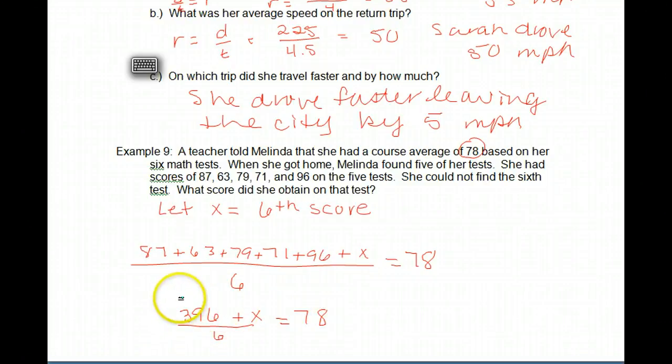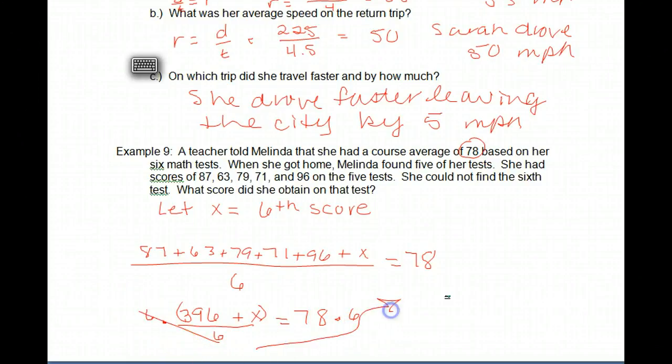Now please remember that I've told you that when there is more than one item in a numerator, there are imaginary parentheses around that numerator, and you cannot do anything with that numerator until it is isolated. So to isolate it, we must undo the division of 6. So to undo that division, we will multiply both sides by 6. That will cancel out that division.